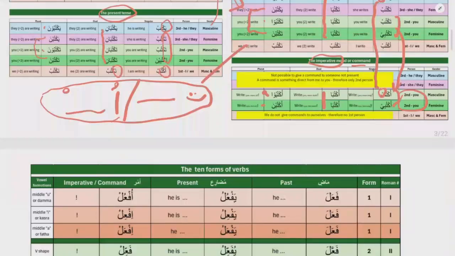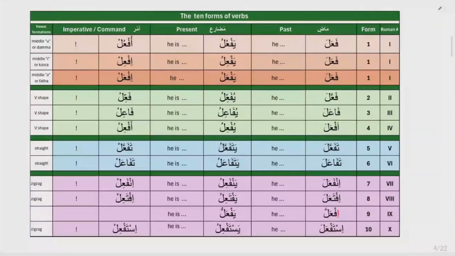Okay, so we gave you these 10 forms at a glance. We said you can take any 3 letters and fill it in where the fa'ala is, and then you will find in form 1 we get 3 options where you notice in the past tense it can look the same, but if you look at the present tense, here you have a dhamma, here you have a kasra, and here you have a fatha.